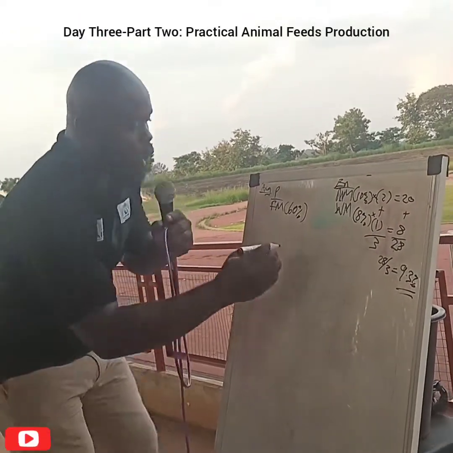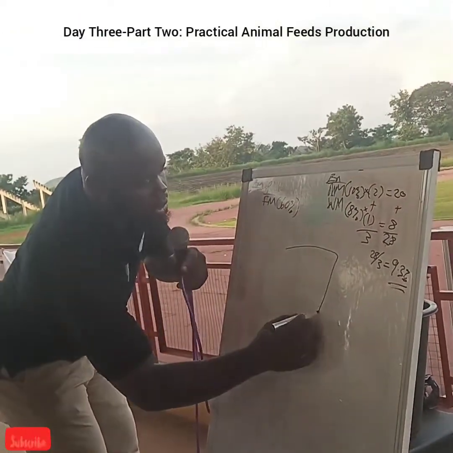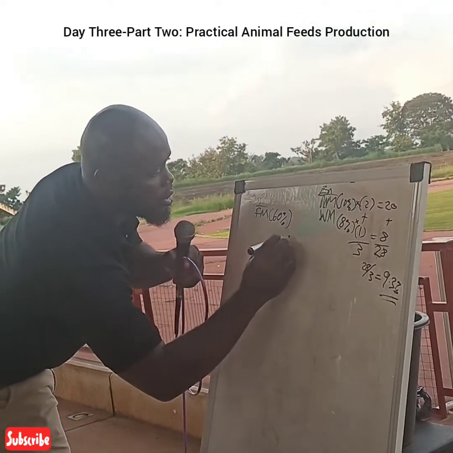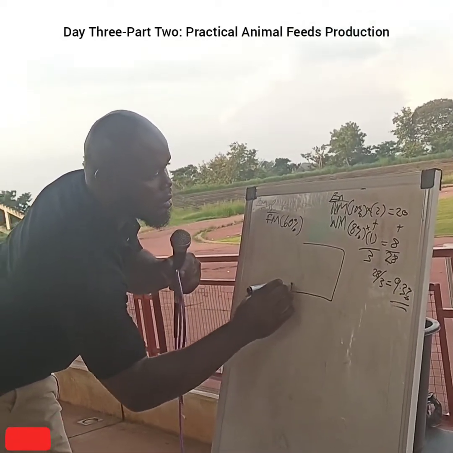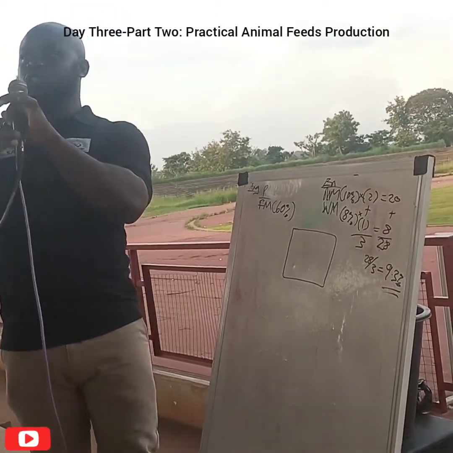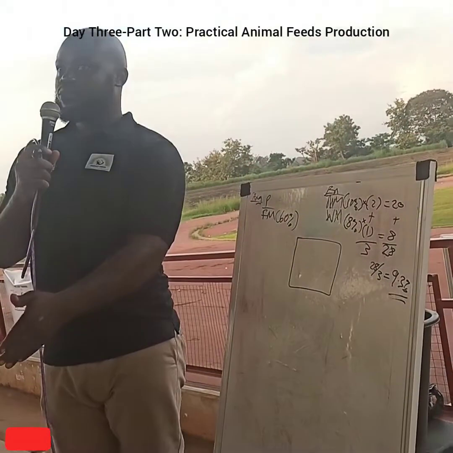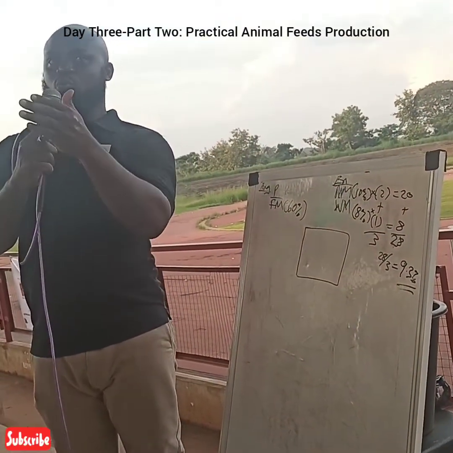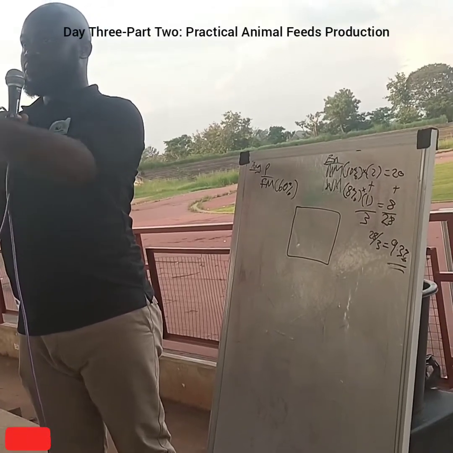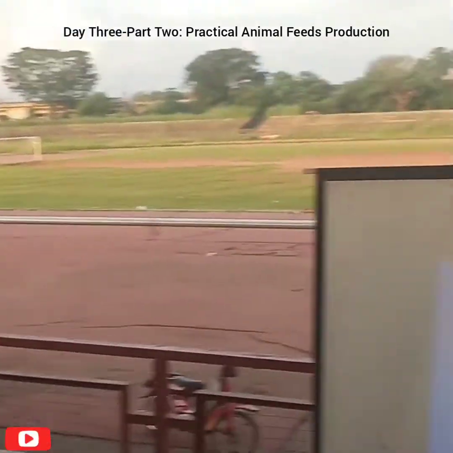So now you draw your box. Which animal are we producing for? Poultry. So now we are going for starter, grower, or finisher. Which one? Let's go for grower.